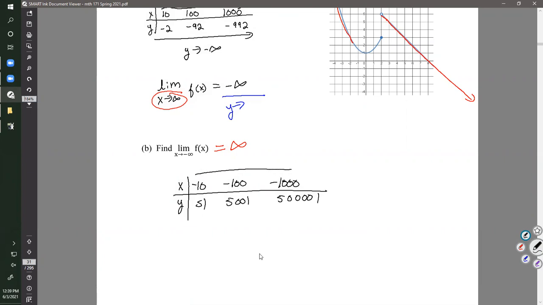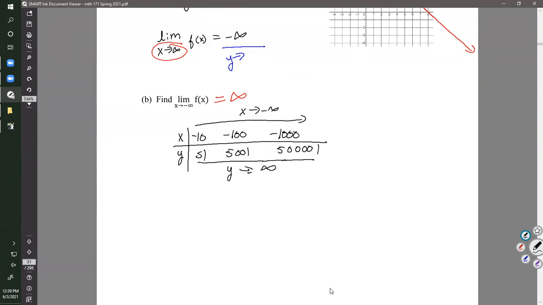As our x values go to negative infinity, our y values are shooting off to positive infinity. And so what we can say is that the limit as x goes to negative infinity of f of x is infinity.